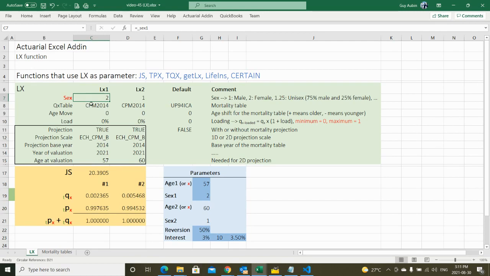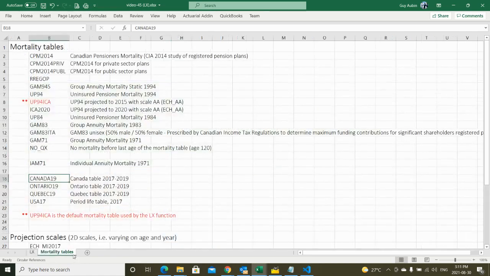Then the QX table, the mortality table. I put CPM 2014 here. The default value is UP94 ICA. And if we go to the short list of mortality tables, not all tables are represented here, but you see we start with CPM 2014, the Canadian pensioners' mortality based on a study from the Canadian Institute of Actuaries in 2014 of registered pension plans.